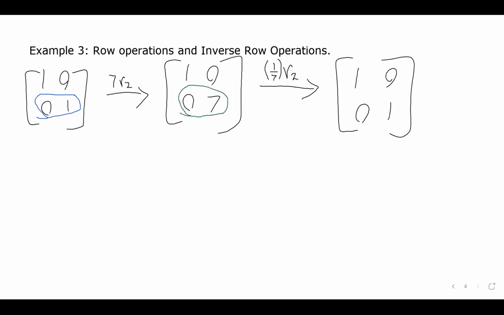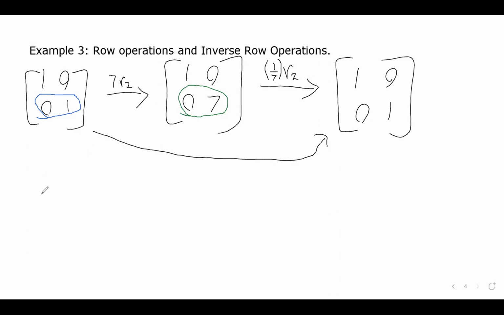And then you get back there. So this second operation is an inverse. 1/7 times R2 is the inverse row operation of multiplying row 2 by 7. So if you perform a row operation and then an inverse row operation, you get back to where you started. If you start from here and you end here, we ended up at the same place.